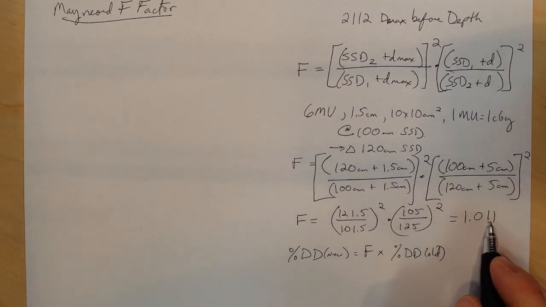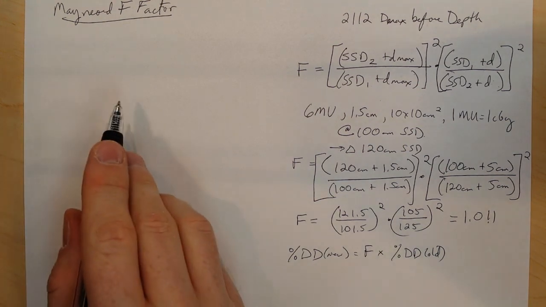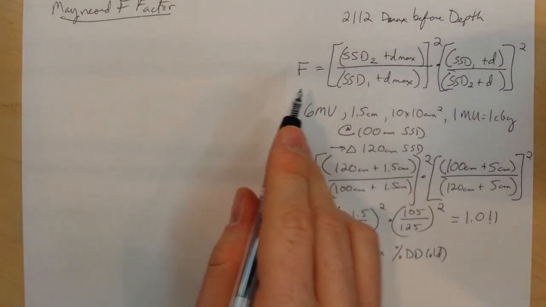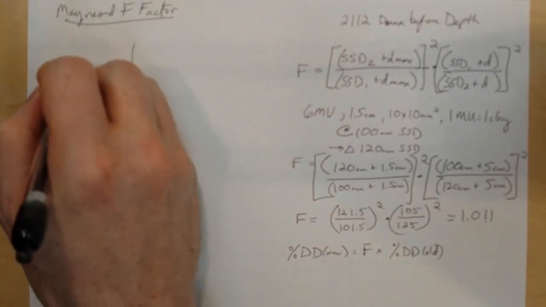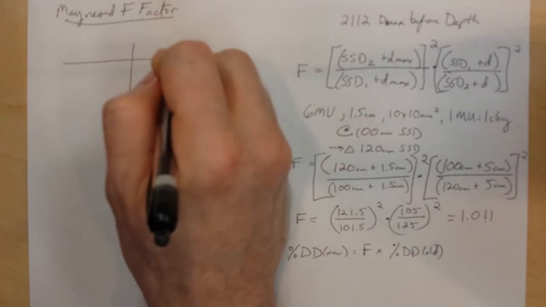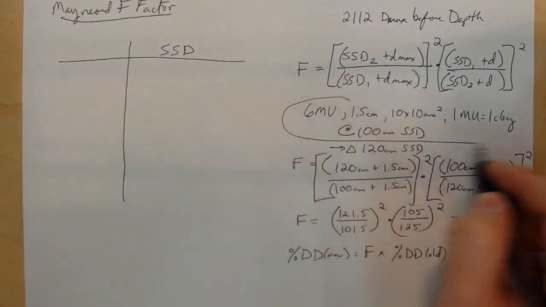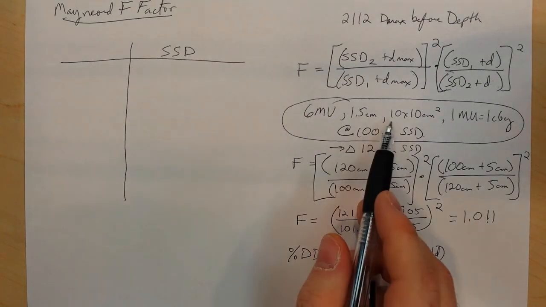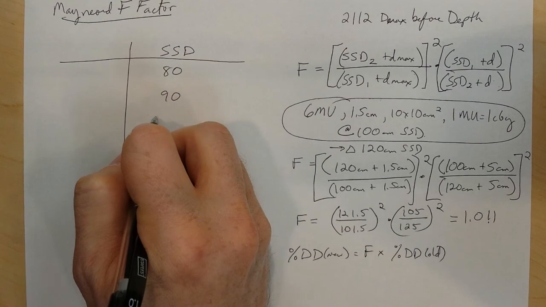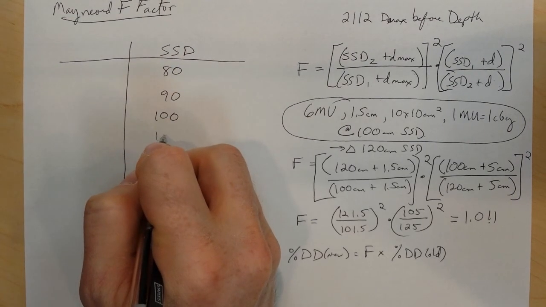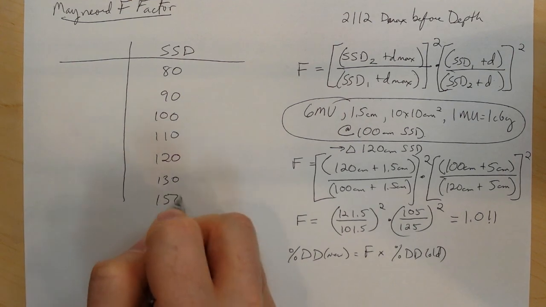Not crucial. So I would encourage you, as an exercise and practice in remembering the mnemonic device, and I will not hold you accountable to this, for the reference conditions that I set up here, to do 80, 90, 100, 110, 120, 130, and 150.